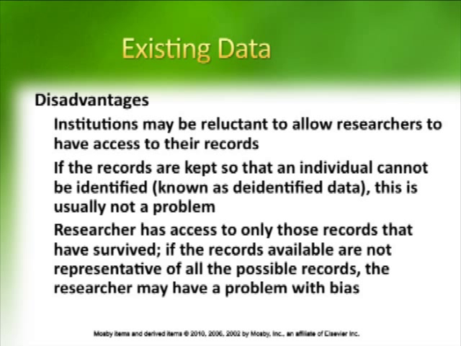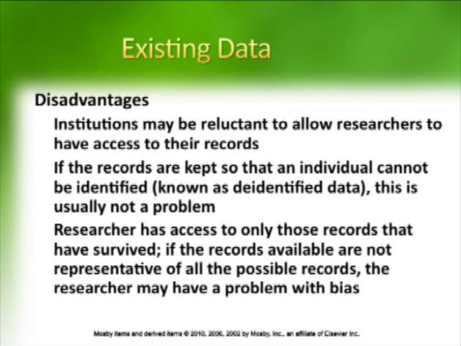Now, there's some disadvantages to using existing data. Institutions may be reluctant to allow researchers to have access to their records, especially if it has to do with problems within the institution, such as mortality and morbidity records of their surgeons.